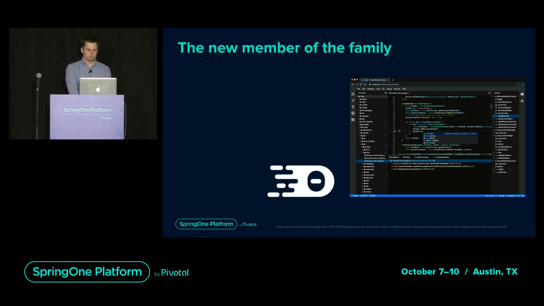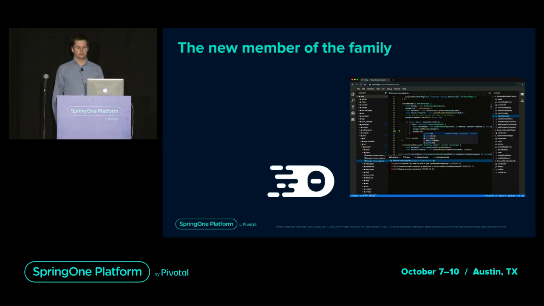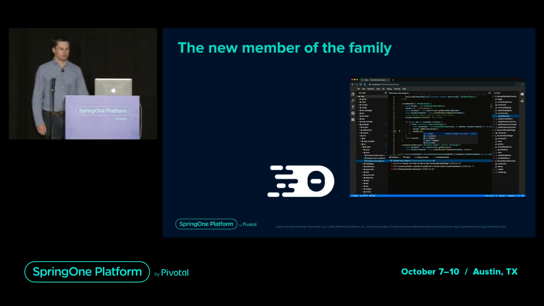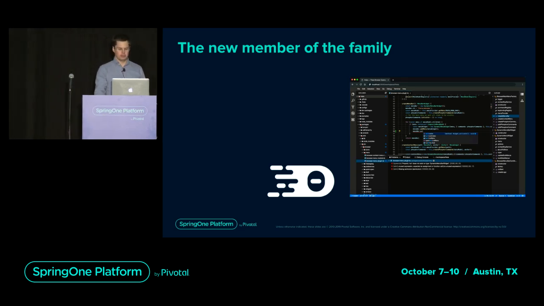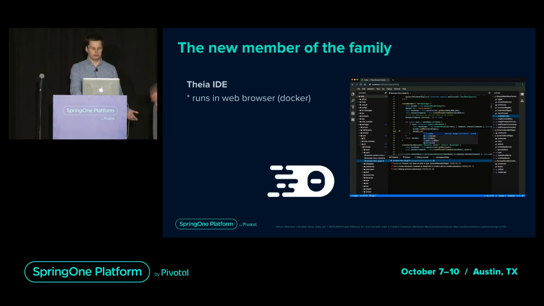And to get into this topic, I want to go into details on what Martin introduced as a new member of the family of IDEs supported by Spring Tools, the Theia IDE. Theia IDE is an IDE that can run in the web browser.